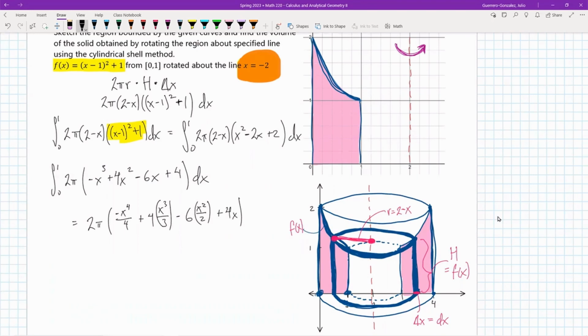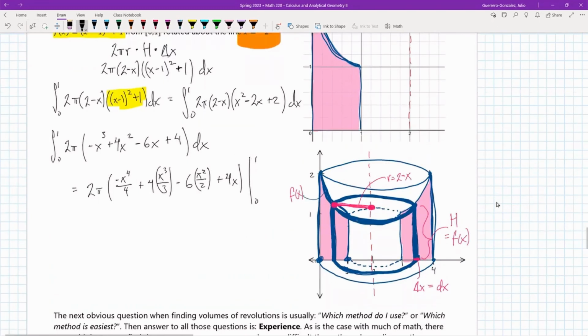Plus 4x evaluated from 0 to 1. Okay. If you do the math, the algebra for it, you're going to get 2 pi times 25 over 12 if you do the common denominators and all that stuff. And this should be 13.08 and change.